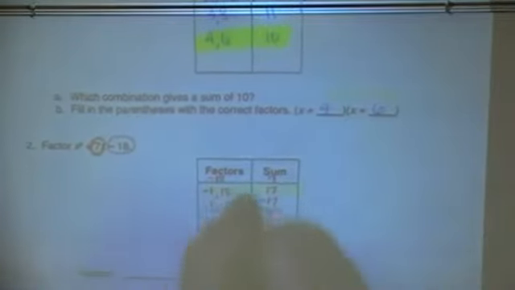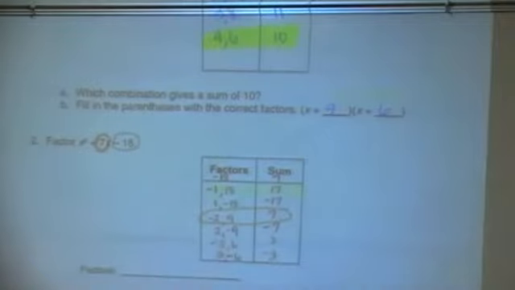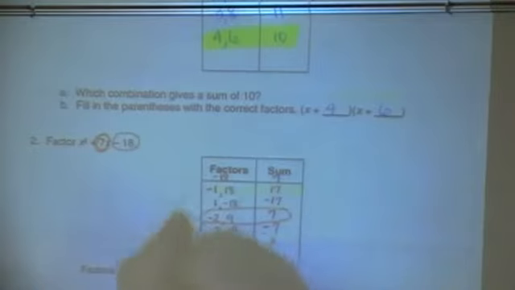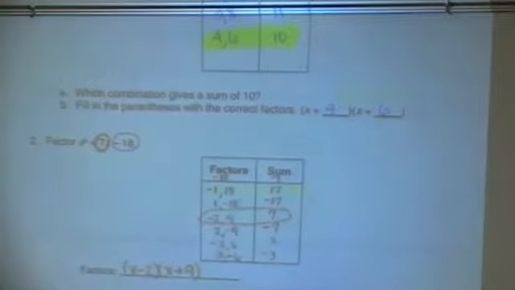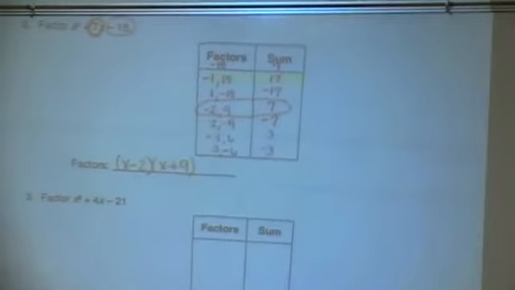So that's this set. So now when I write my factors, because it's negative 2 and positive 9, it'll be x minus 2 and x plus 9. Alright, so let me give you a minute to try number 3 on your own.